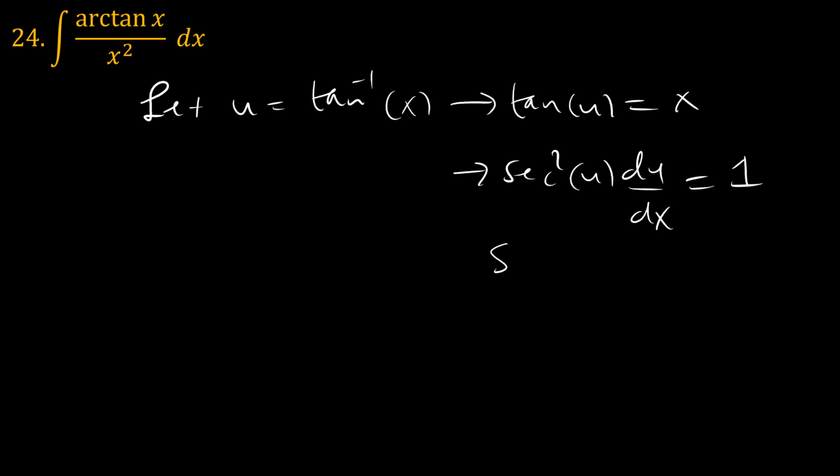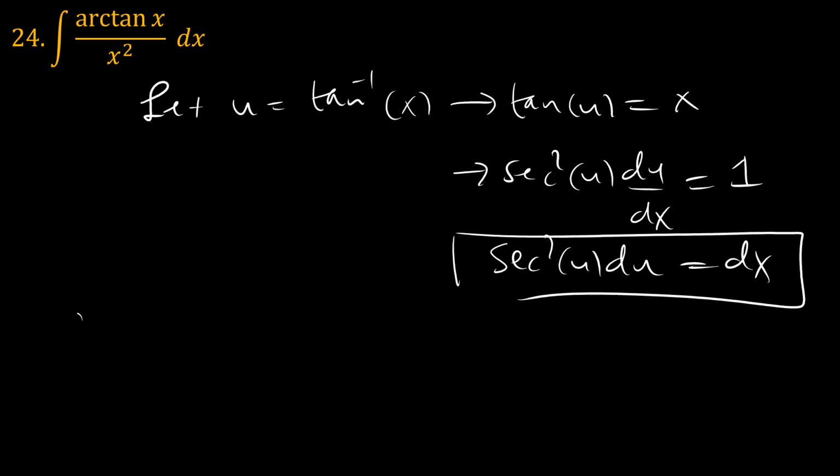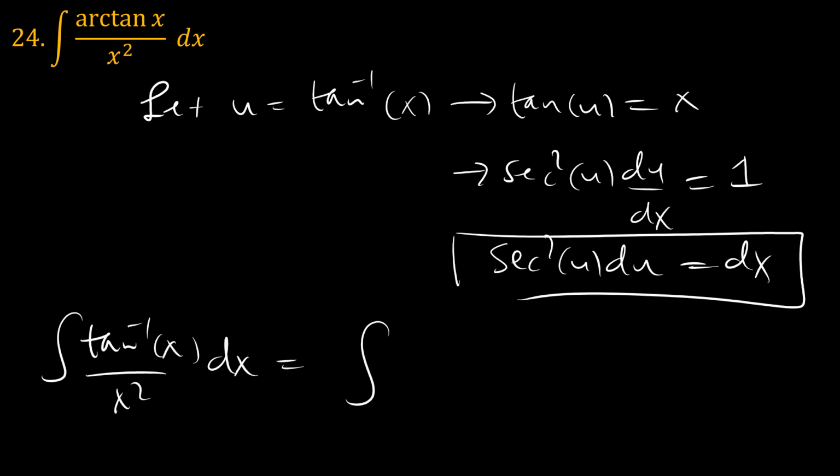So sec squared u du can be used to substitute for dx. And so the arctangent of x over x squared is the same as, in place of arctangent, we have u. In place of x squared, we have tangent squared u. In place of dx, we have sec squared u du.